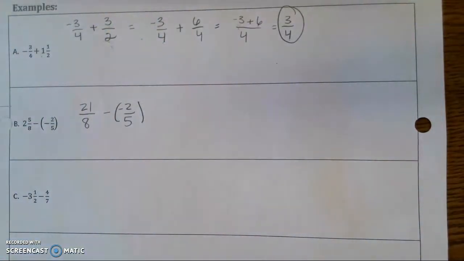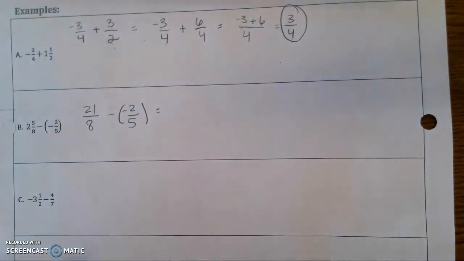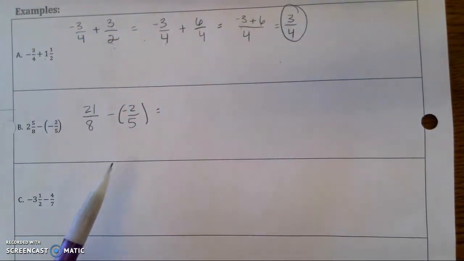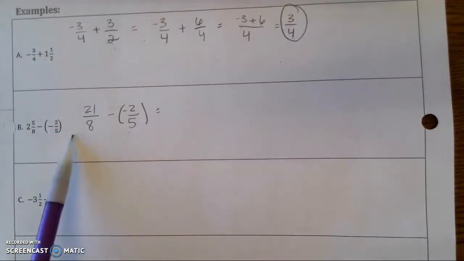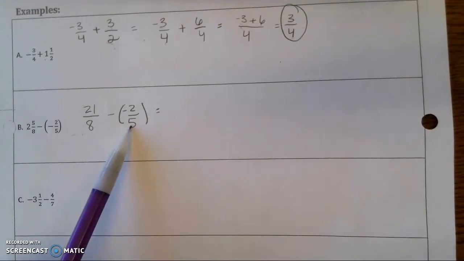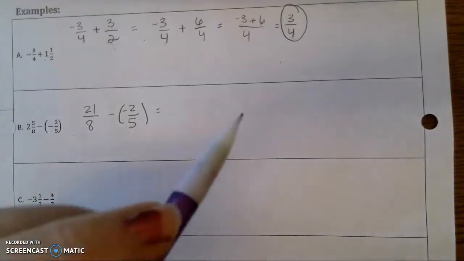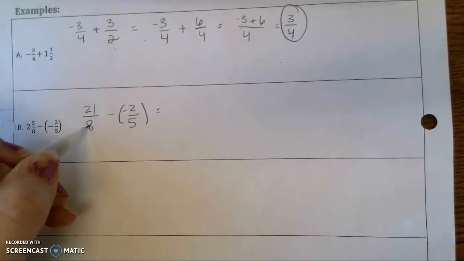Okay, so our next step, just like before, we're going to convert to a common denominator. The easiest way in this case would just be to multiply those two together. So I need to get a denominator of 40 because 8 times 5 is 40. So I'm going to multiply by 5 over 5 in the first fraction.